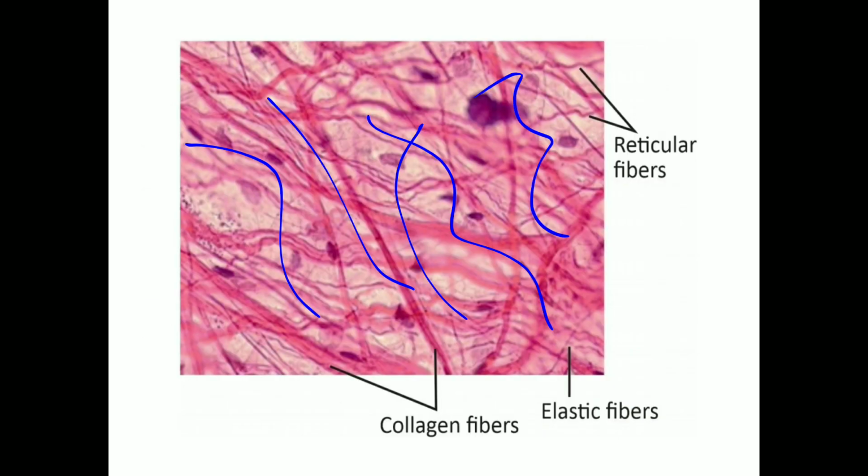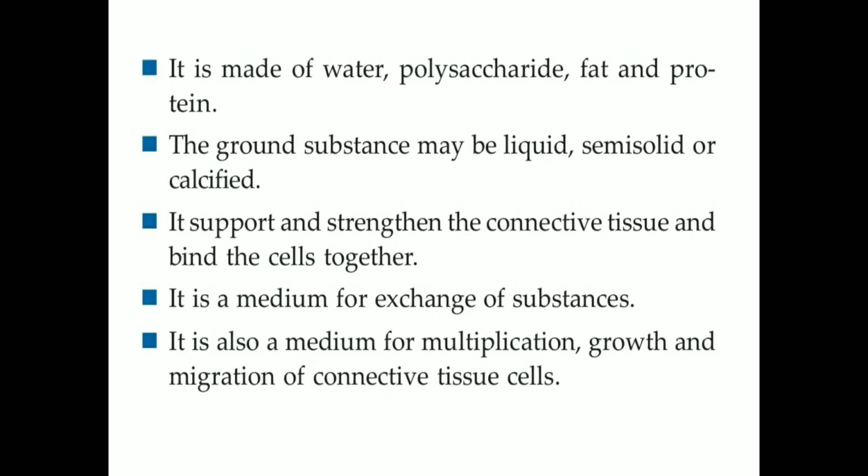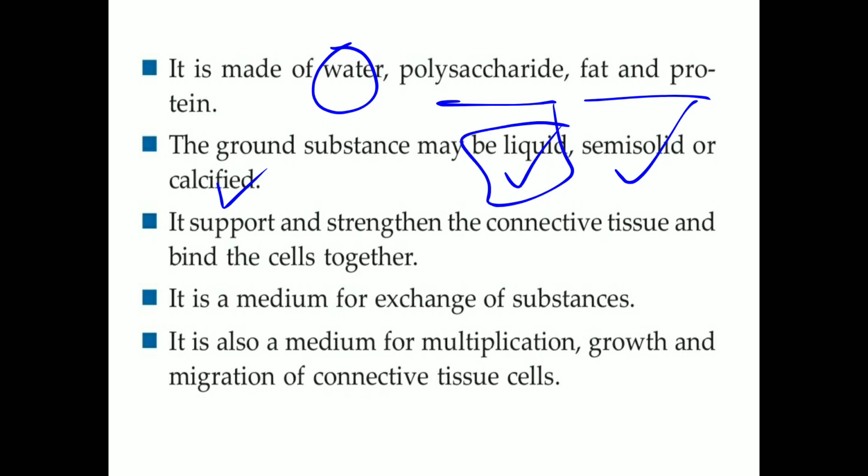It is made of water, polysaccharides, fat, proteins, etc. The ground substance may be of liquid nature, semi-solid, or calcified. In blood, the fluid connective tissue, the ground substance is of liquid nature. For example, in bone and cartilage, the ground substance is calcified and solid.